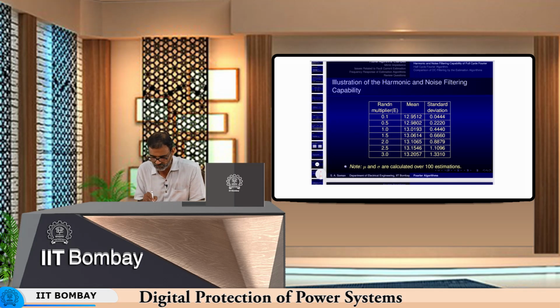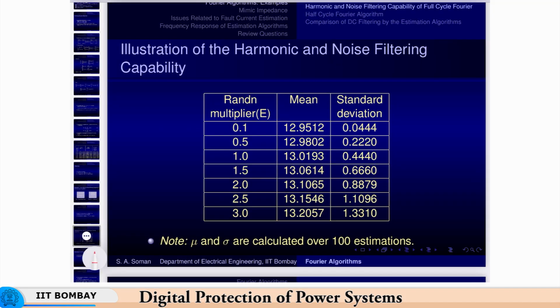You can see that the mean is close to that, and as you progressively increase the noise, the mean also deviates from that 12.73, but it is still quite close to 12.73, and even the spread or the standard deviation is quite okay. Okay.